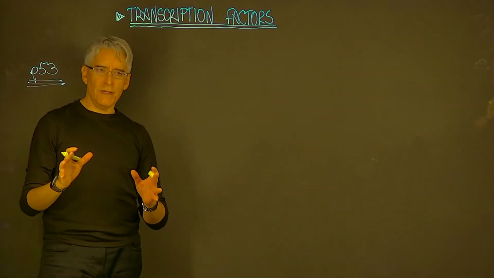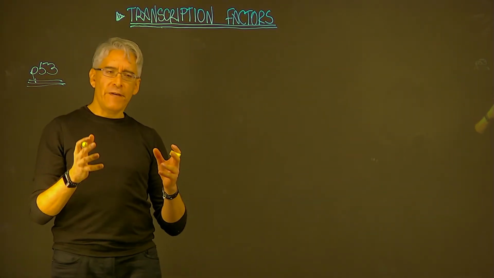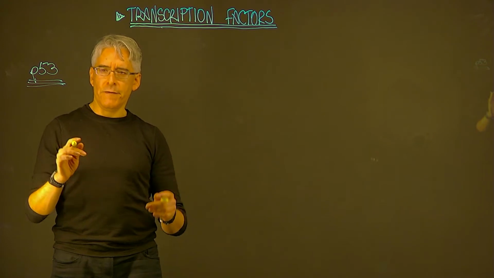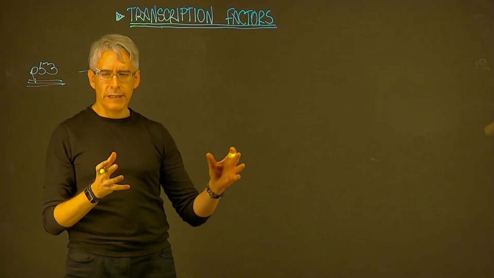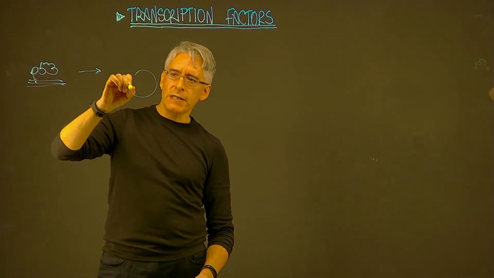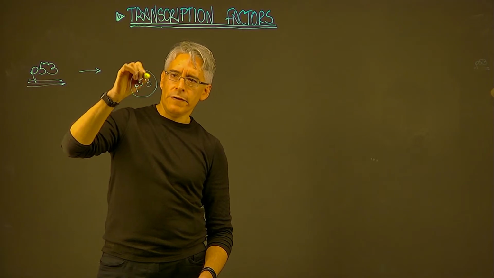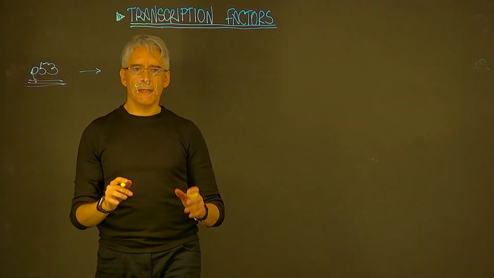Now, p53 is the kind of transcription factor that is regulated primarily by affecting the stability of p53. So p53 is produced at basal levels in the cell. However, very soon after the protein is produced, p53 is degraded by a polyubiquitination-dependent mechanism.